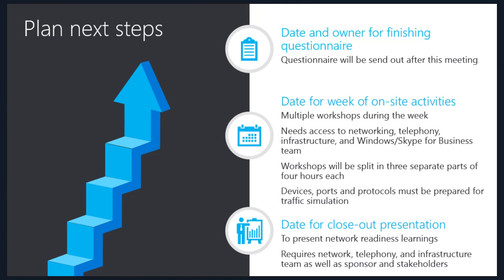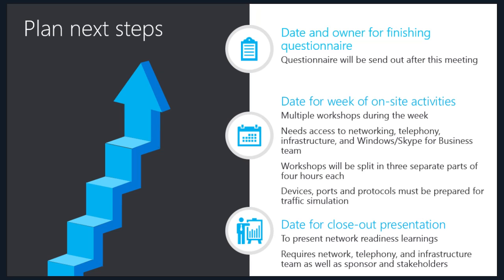So we've given this to the customer, and now we need to plan the next steps. So who's going to be responsible for finishing this questionnaire, and when is it done? This is something the customer must decide in this workshop. We should also set a date for the on-site activities. We have 3 separate parts of 4 hours each. Usually something like this is done in a day or 2, but depending on the size and complexity, it could be more or less.